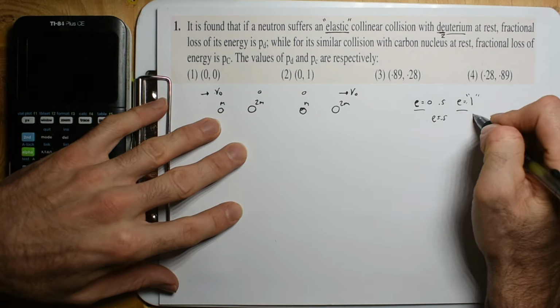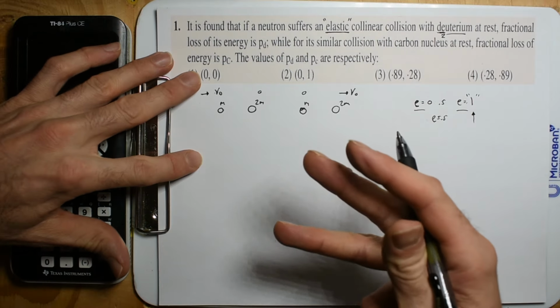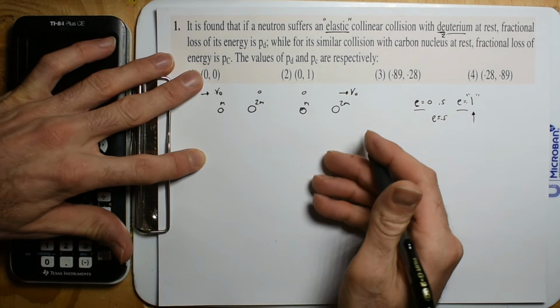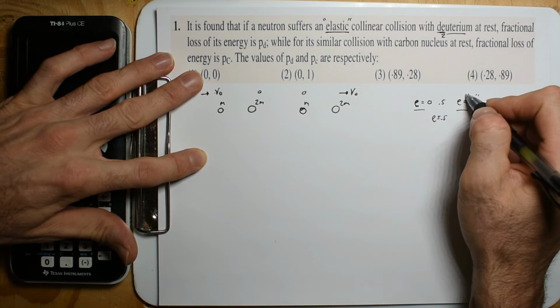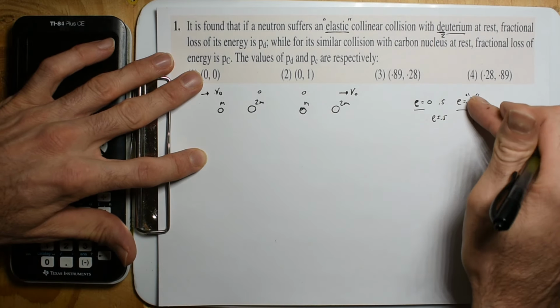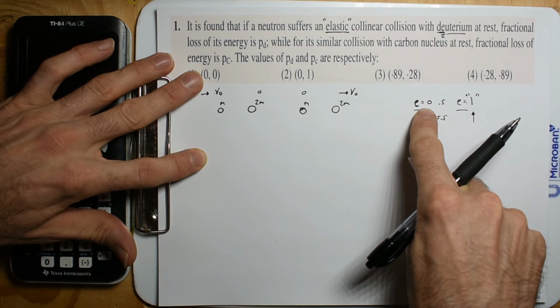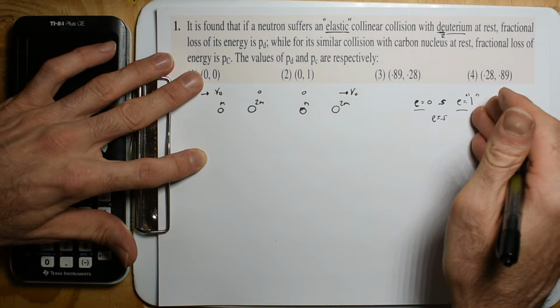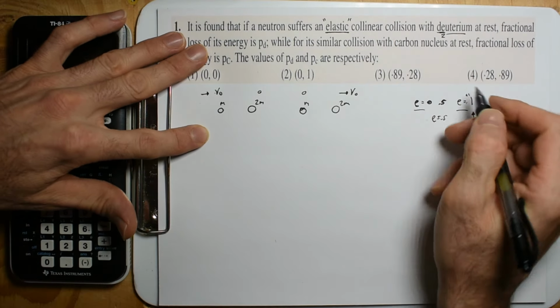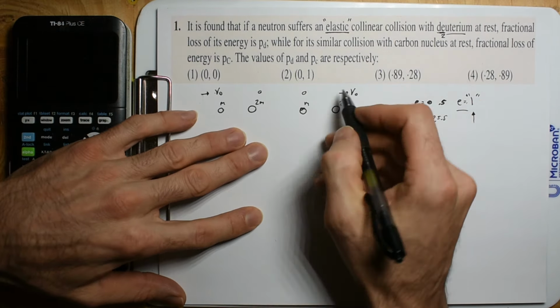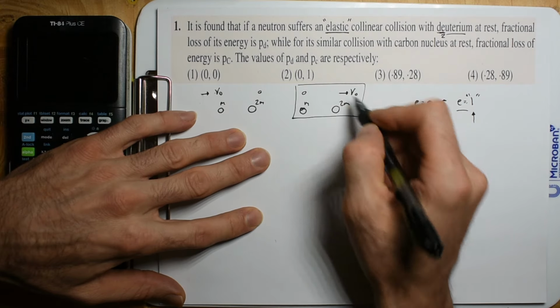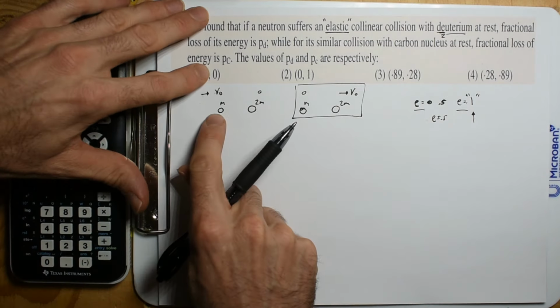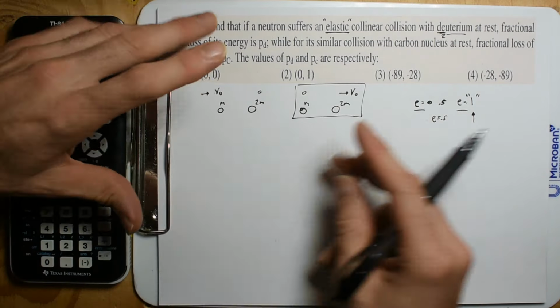So that satisfies this, but here's what I would do. Anytime I get a collision problem, you might as well run through 3 scenarios: one where the coefficient of elasticity is 1, then 0 and 0.5. And this should strike you: this scenario right here cannot happen, because you're satisfying 2 different things.